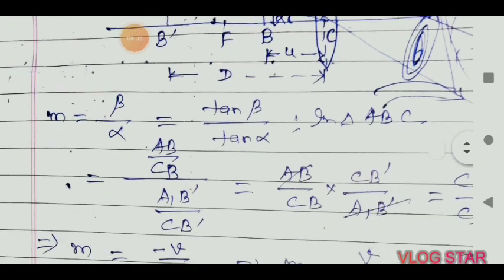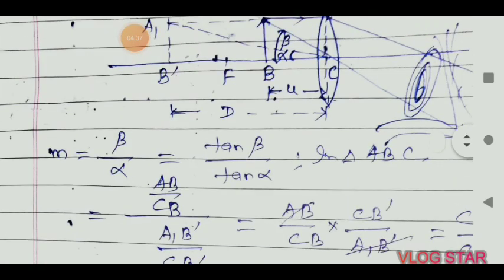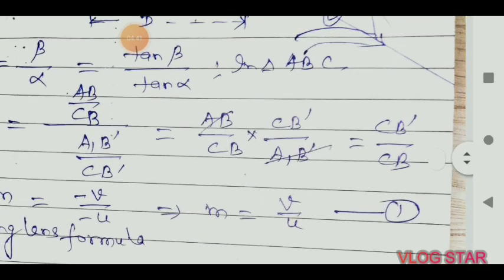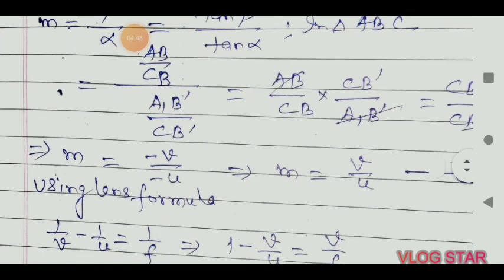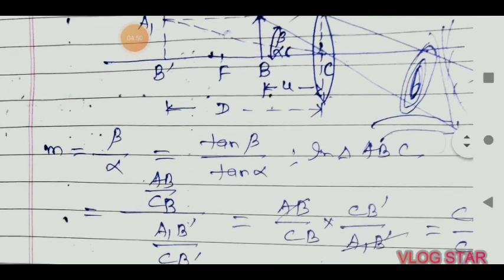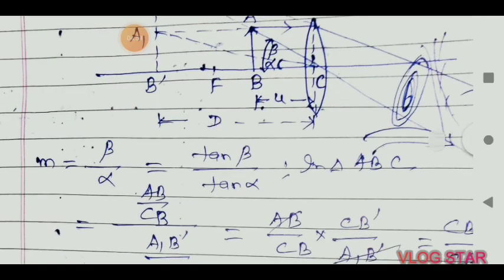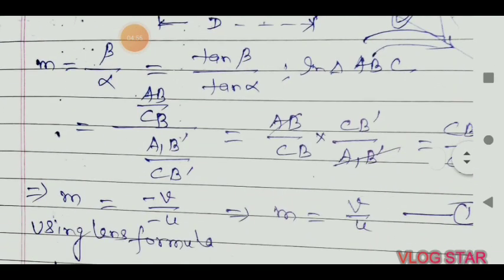Now we simplify this. AB and A1 B dash are the same, so they cancel out, leaving CB dash upon CB. Now CB dash is the image distance v, and CB is u. The minus sign has been cancelled out, so the magnification produced is v by u.